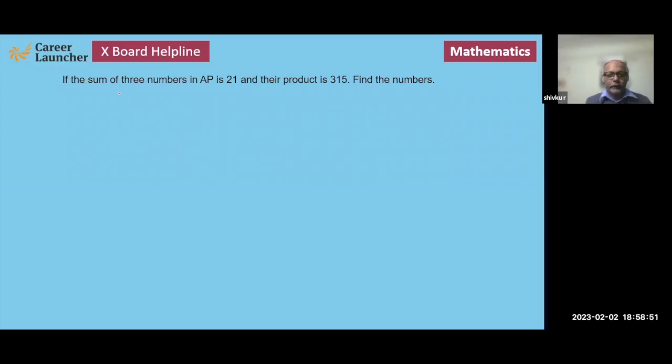So sum of the 3 numbers in an AP, right, is equal to 21, and the product is 315. Find the 3 numbers basically, right? So let us assume the 3 numbers are A minus D, A, A plus D. I've used this just for my convenience.